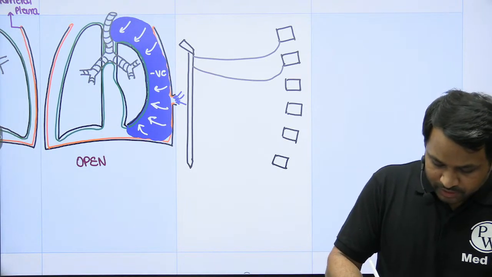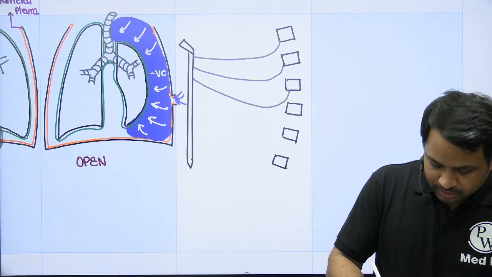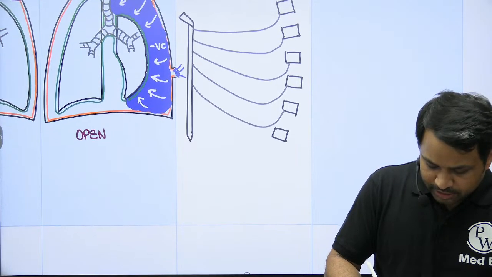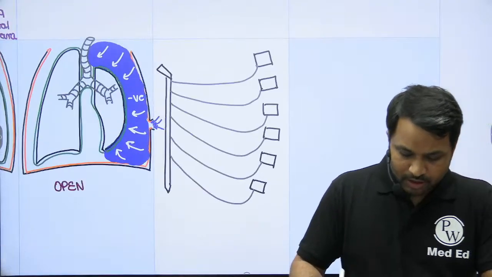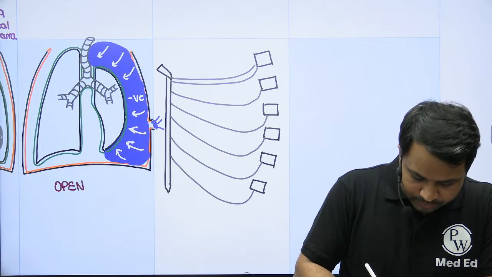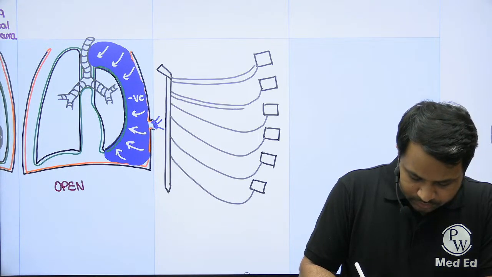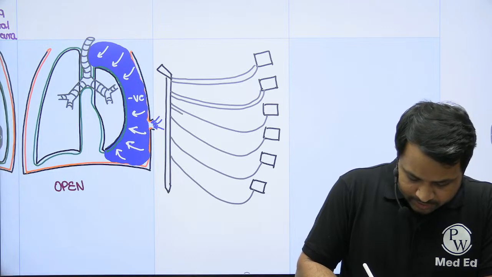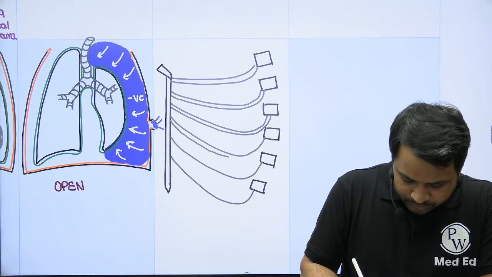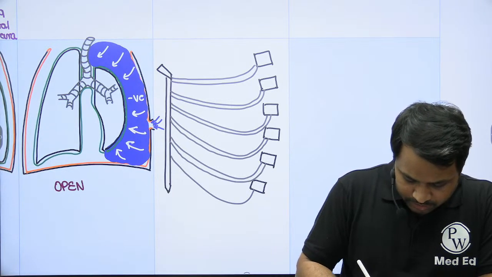Just for the sake of understanding, I'm depicting the ribs here. Anteriorly they are attached to the sternum, posteriorly to the thoracic vertebrae. So these are the various ribs: this is the first rib, the second rib, the third rib, the fourth rib, and hereafter you will see multiple ribs.